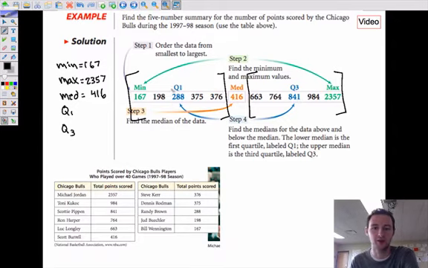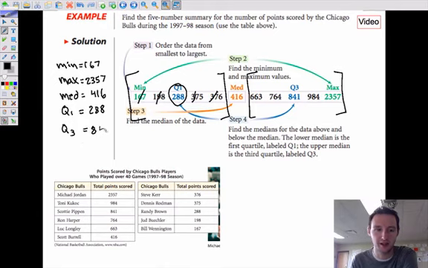If we find the median of the lower half, cross off, cross off, cross off, cross off, there's Q1, the median of the lower half of the data. So Q1 is 288. Likewise, Q3 is the median of the upper half of the data. Q3 is 841.